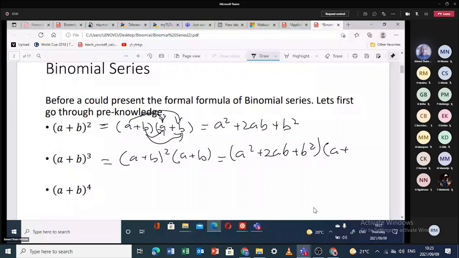Now, simplifying this, I have A to the power 3 plus 3A squared B plus 3AB squared plus B cubed. Similarly with this one, we do that.